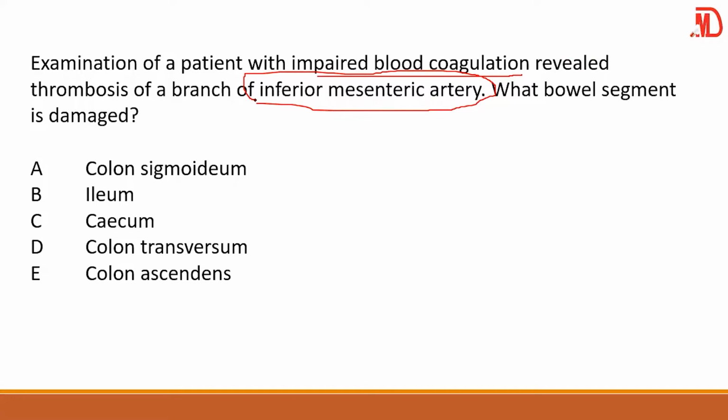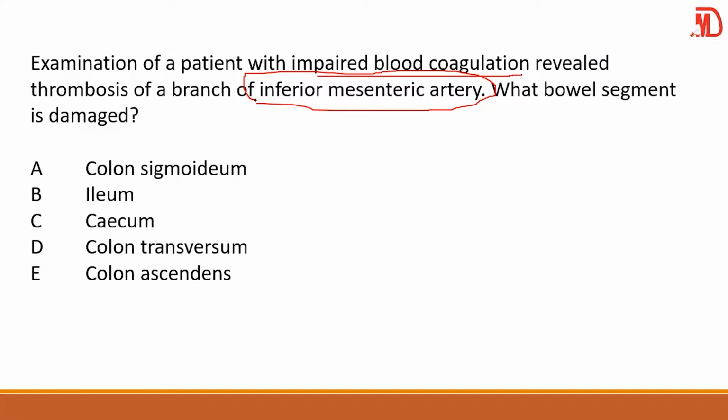Therefore, looking at what I'm talking to you about, left colic artery, the sigmoid artery, then the rectal artery. So from the options that we have here, our best bet should be what?